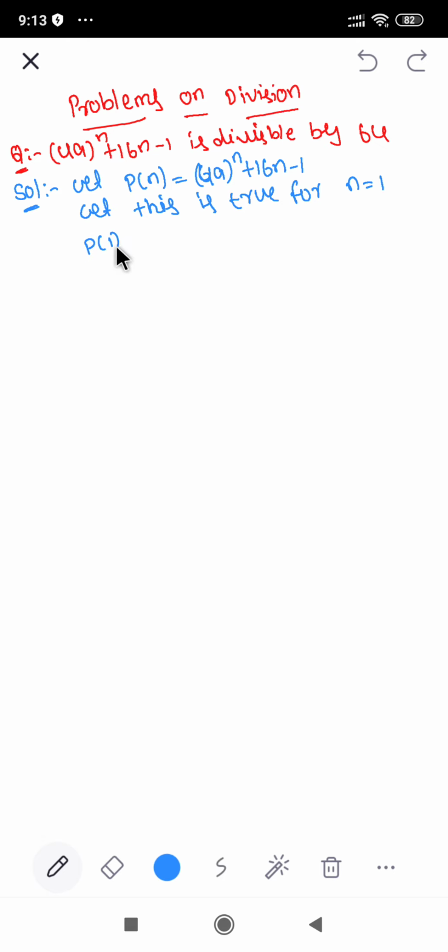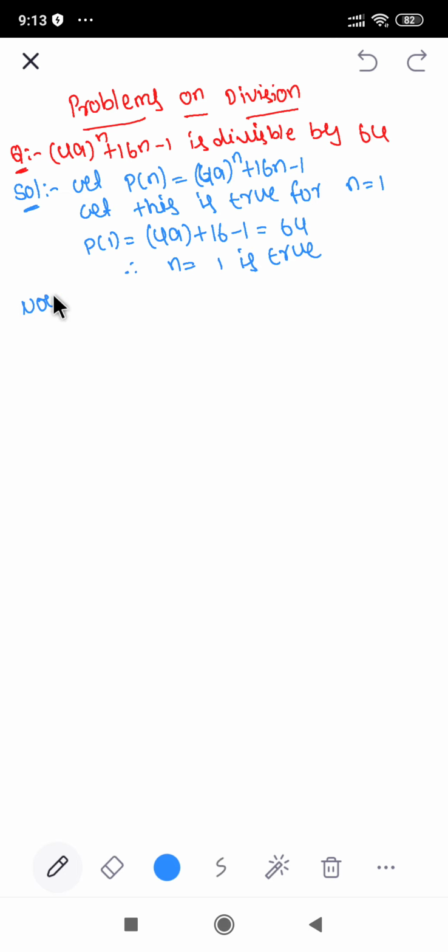P of 1 is equal to 49 to the power 1, that is 49, plus 16 into 1, that is 16, minus 1. That is 49 plus 16, 65. 65 minus 1 goes to 64. Therefore n is equal to 1 is true.